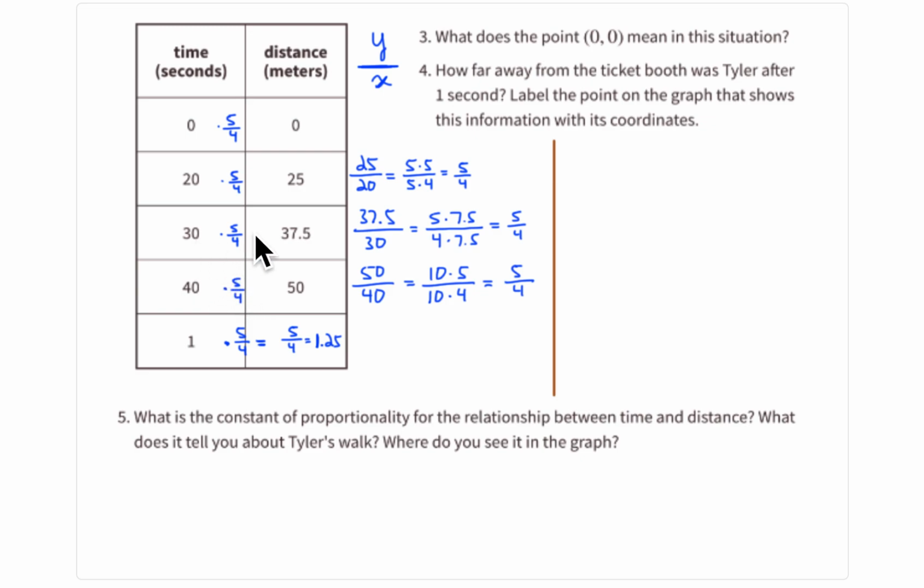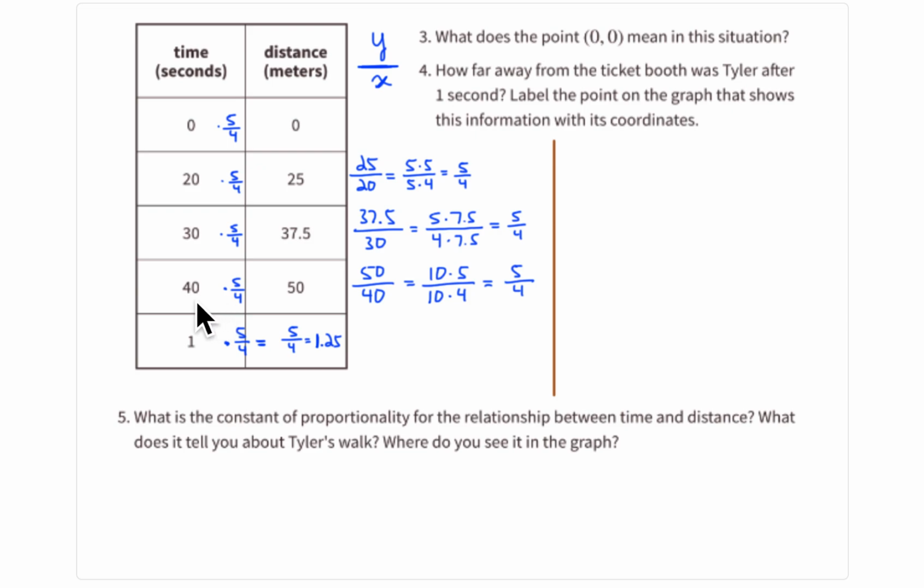All right, 30 seconds to go 37.5 meters. And you can factor out the 7.5. 5 times 7.5 is 37.5. 4 times 7.5 is 30. They chose these numbers because you can factor out 7.5. You do that, you end up with 5/4 once again.